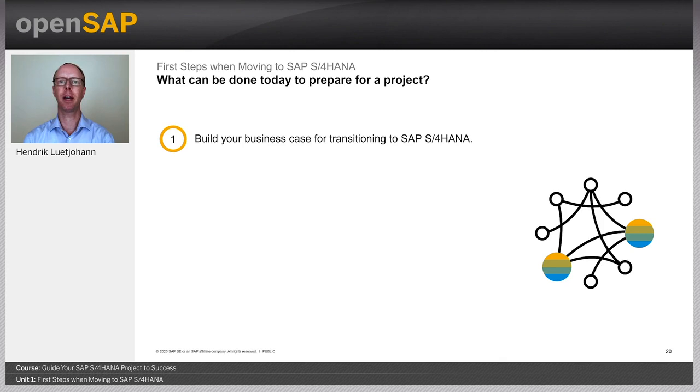It is important that the associated cost of the project is justified. In case you haven't done it, build your business case for transitioning to SAP S4HANA. In some cases, this can take quite some time to get prepared and approved.